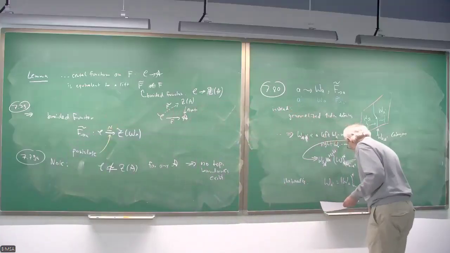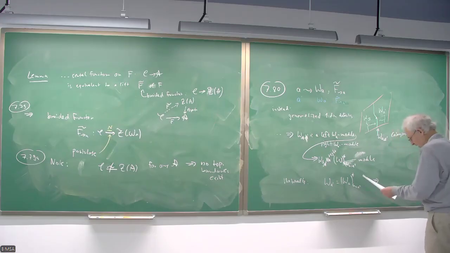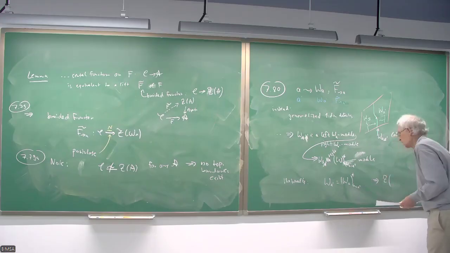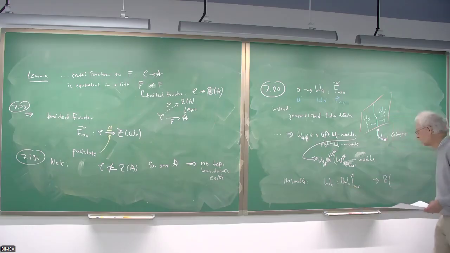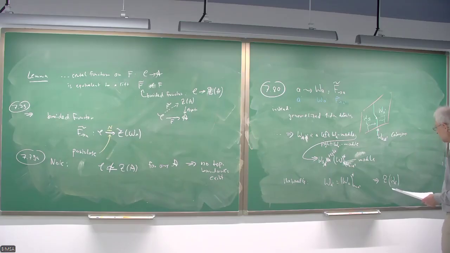Which means in particular that, I didn't mention that, but we can show in the case that we are in, that the Drinfeld centers of the two are braided equivalent.